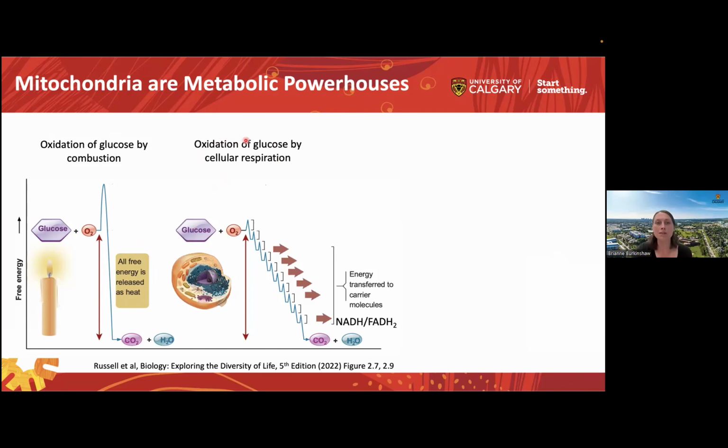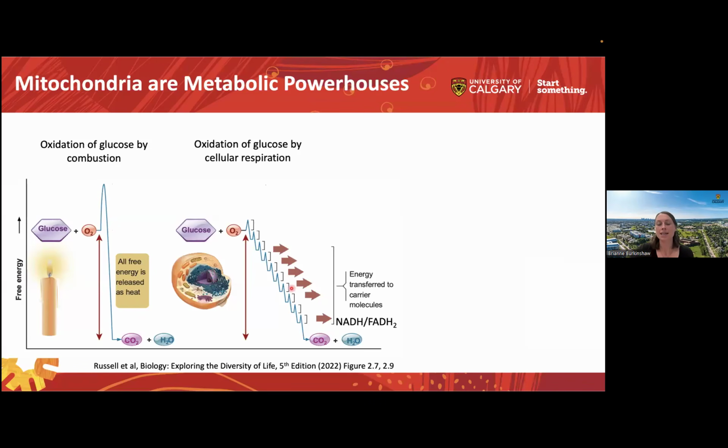If we move over here, we're looking at oxidation of glucose, but by cellular respiration. We also can't just light our cells on fire. We obviously can't withstand that heat to overcome the activation energy. So instead, this process is divided into a series of small steps, each with a small activation energy that can be overcome in the cell. We also don't want to create a ton of heat that's not useful for doing work.